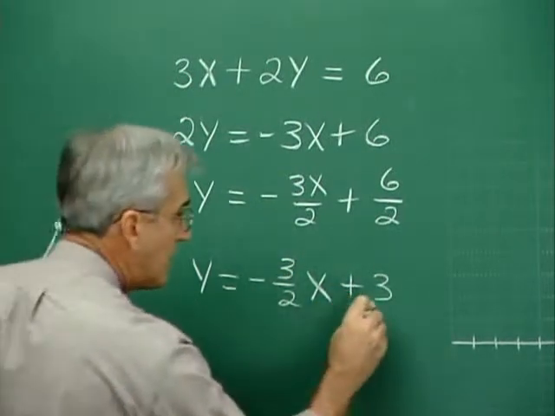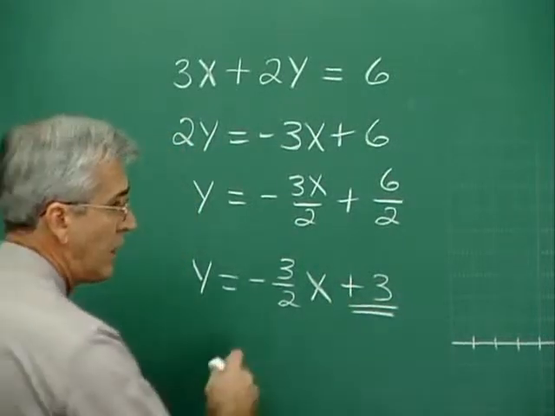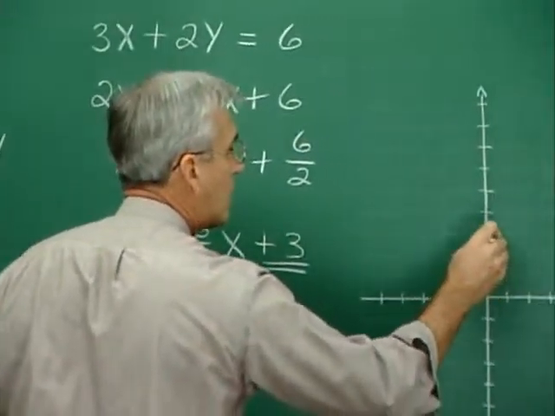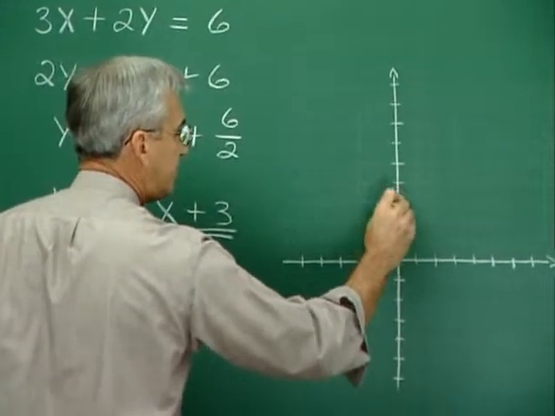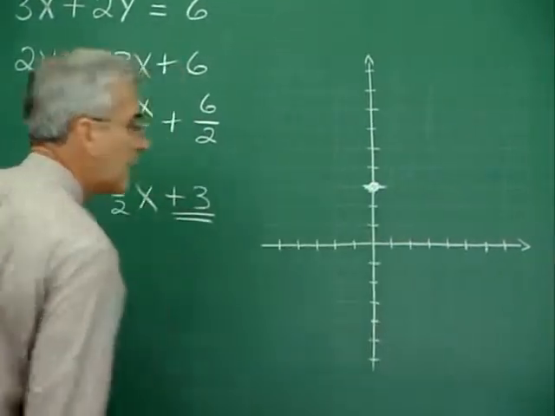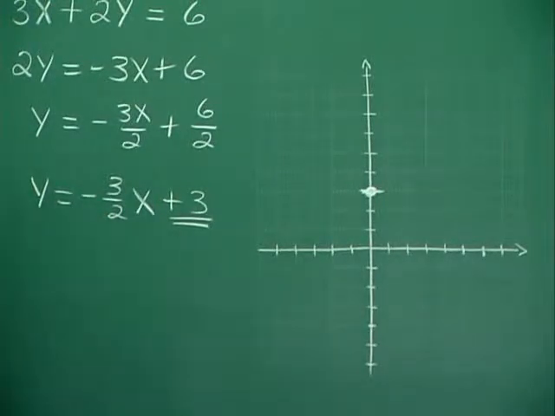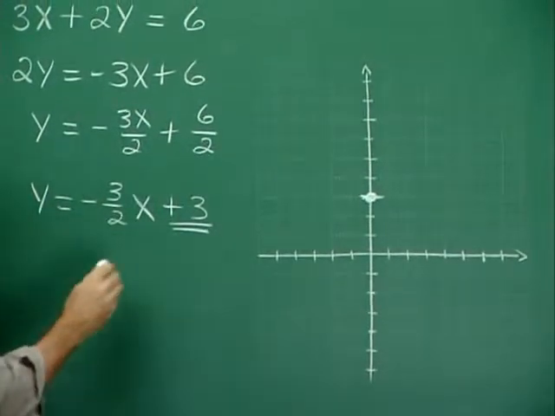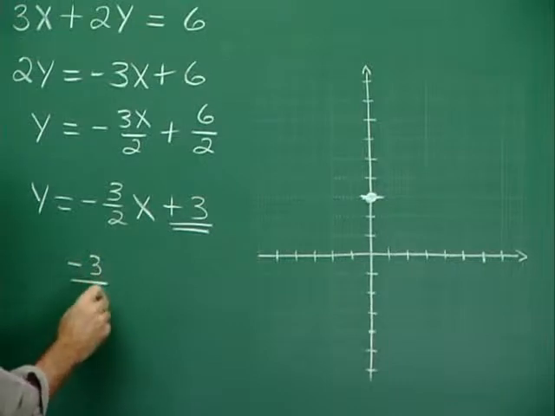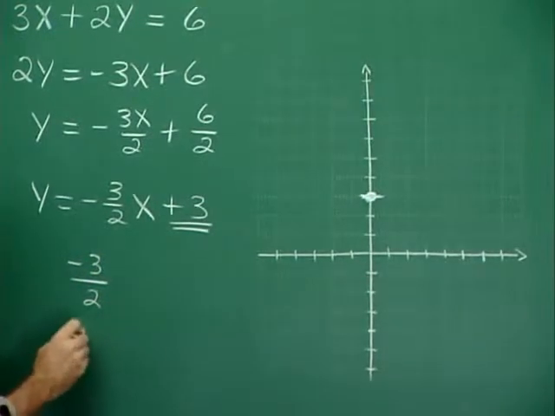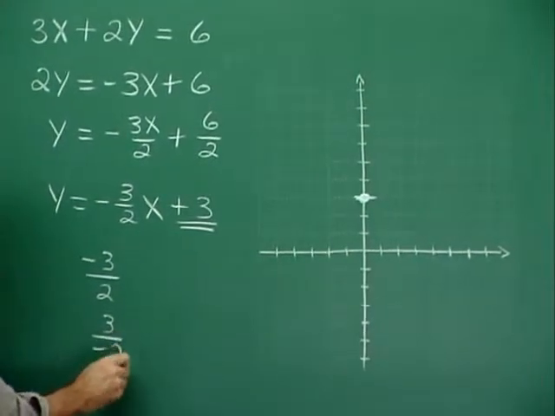Now, the 3 tells us the y-intercept. So we come over here and we identify the y-intercept. And now we generate additional points to plot by using the slope information. Now, -3 over 2 can be written as -3 over 2 like this, or as 3 over -2 like this.